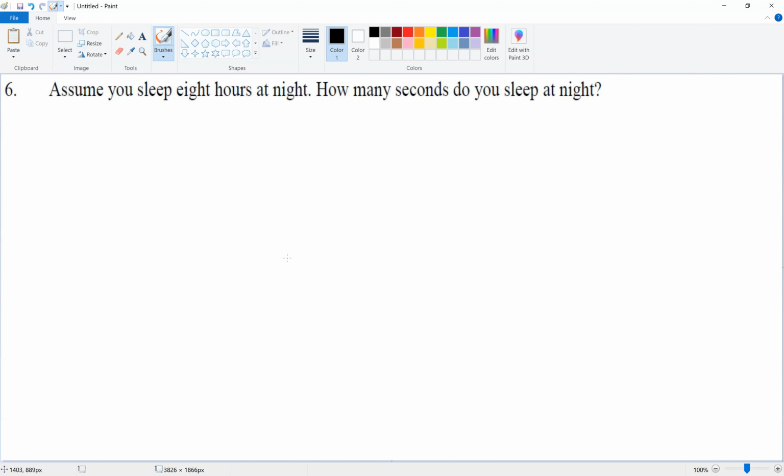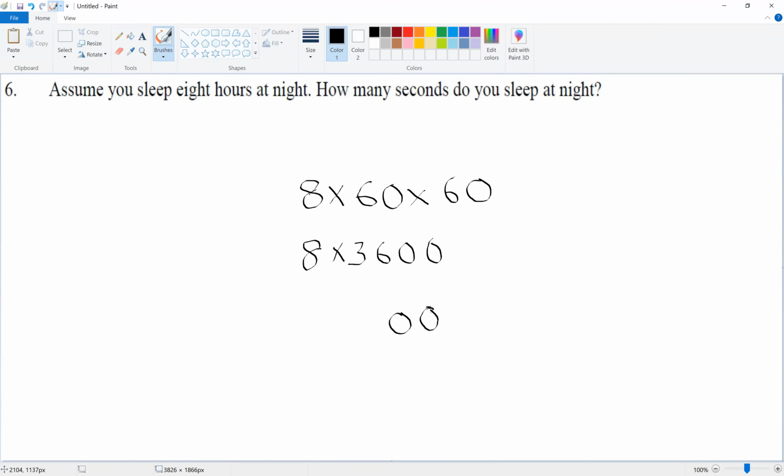So an hour into minutes is 60 minutes, and 60 minutes into seconds is, hold on, sorry, 60... 360. 360 or 3600? 3,600, sorry. And if you multiply that by 8, you get 28,800.